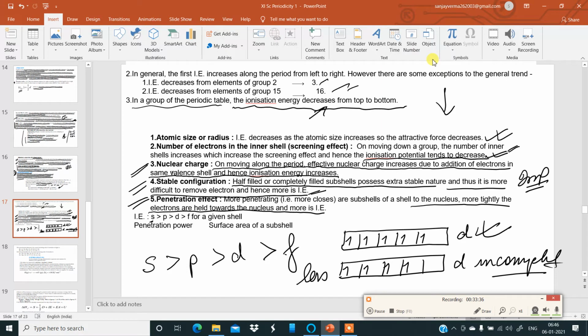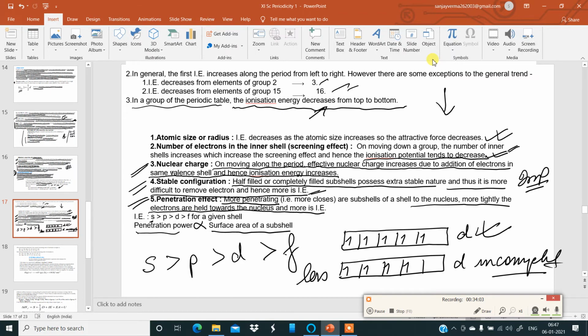Because the s orbitals are closer to the nucleus, the electrons of the s orbitals are more penetrating. They penetrate the inner orbital subshells, and that is going to cause the penetration effect. Remember, penetration power is directly proportional to the surface area of a subshell. So learn this point properly.